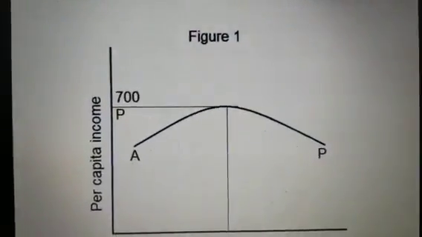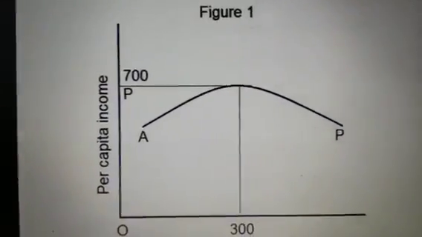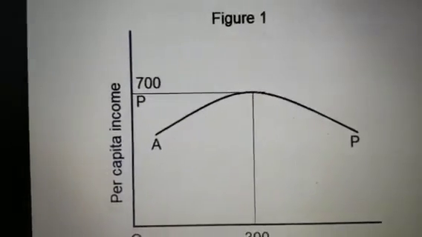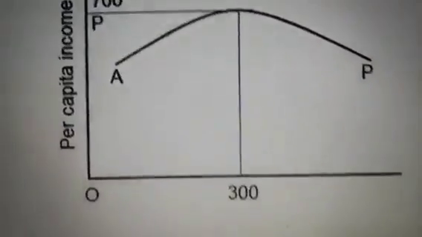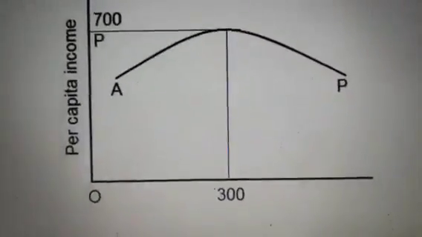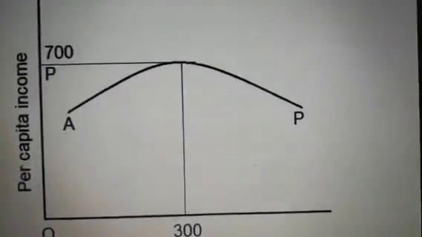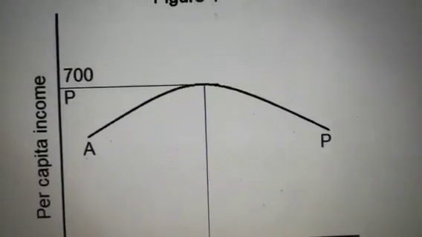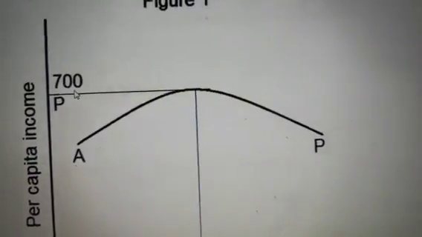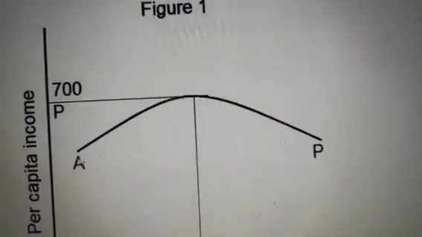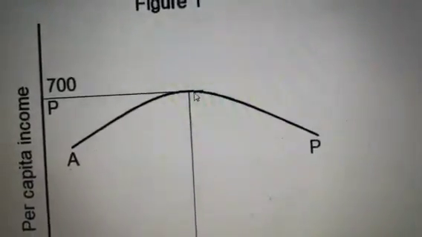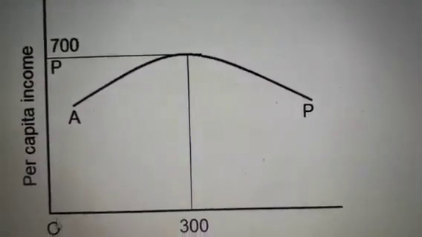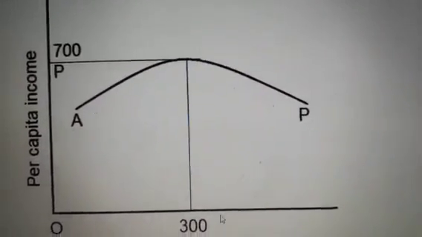Okay, and again when you draw this figure to show the optimum population, the example is: the y-axis is per capita income, the x-axis is population. You can see that a population of 300 is the optimum population because here the per capita income is 700. Moving from A to P, this point is the optimum population, and we can survive at the level of 300 population.